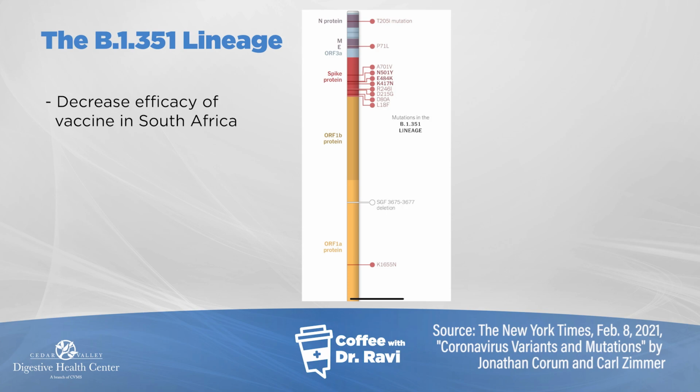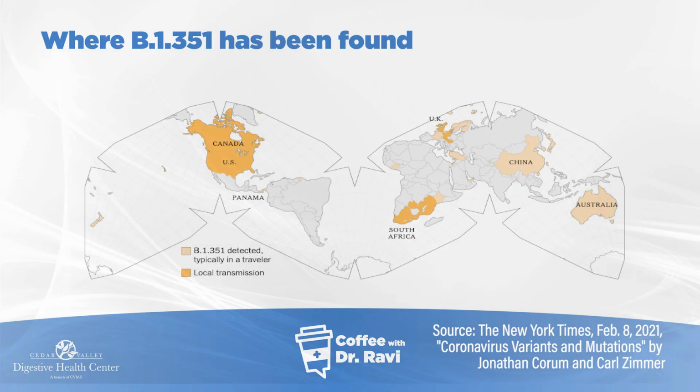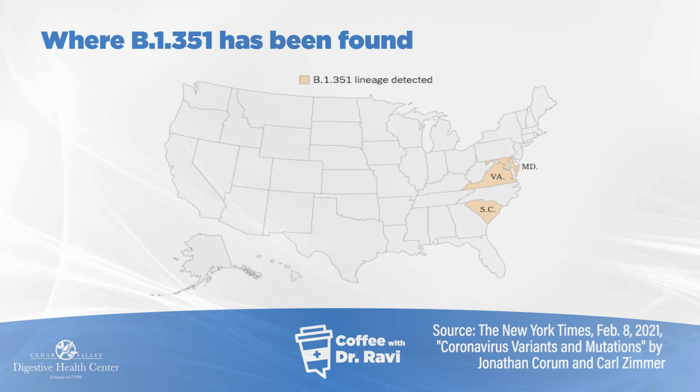There is a small study suggesting that the antibodies produced by the Moderna and Pfizer vaccines are less effective, but it remains to be seen how this will play out in the long run. This has been found in South Africa and other parts of the world, as you see in this map, and has been reported in 3 states in the US on this US map.